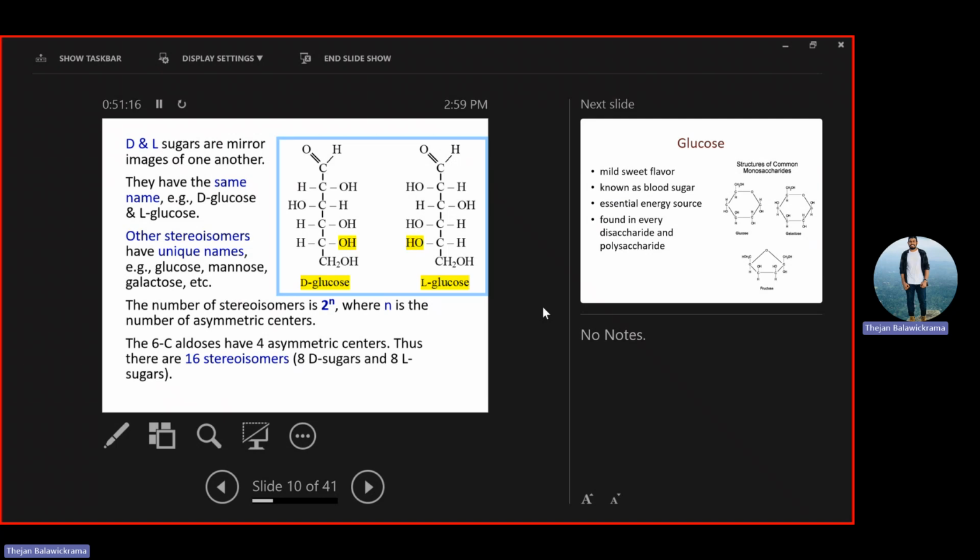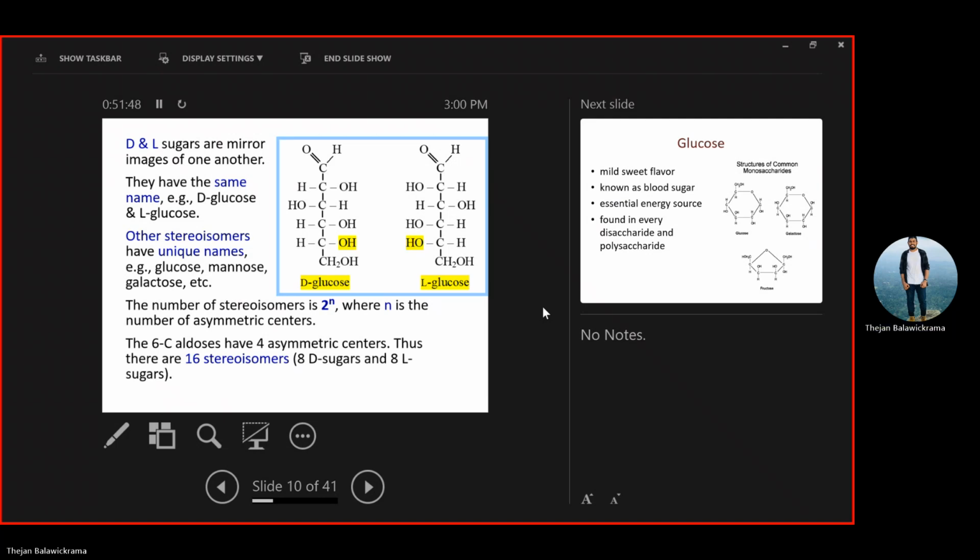Here there are four, so it is 2 to the power 4. All right. So this is how we find how many different structures there are for one organic compound. They are optical isomers.